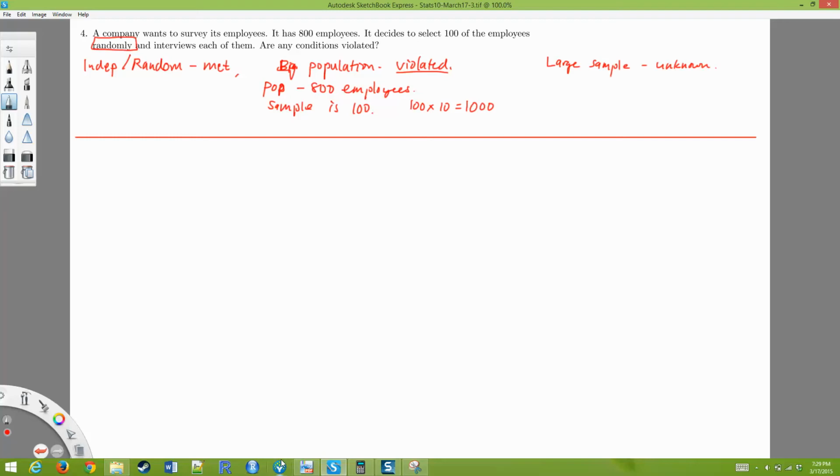Okay. Yes. So I understand about the random, but could it ever just be that the independent is violated? On rare occasion, we didn't really cover very many examples like that. For example, somebody could say, I'm going to flip a coin, and if it goes heads, I'm going to select all the men in the classroom, and if it lands tails, I'll select all the women in the classroom.